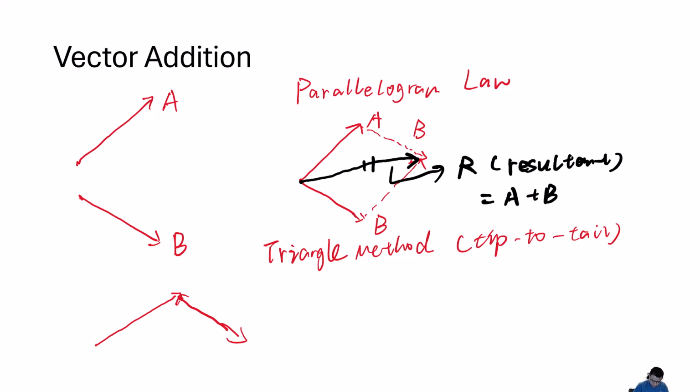So the tip of the first vector is the location of the tail of the second vector. So we draw the two vectors in the tip to tail method, and the addition will be the third side of the triangle. So R equals A plus B, which is the same answer as from the parallelogram law. Okay.